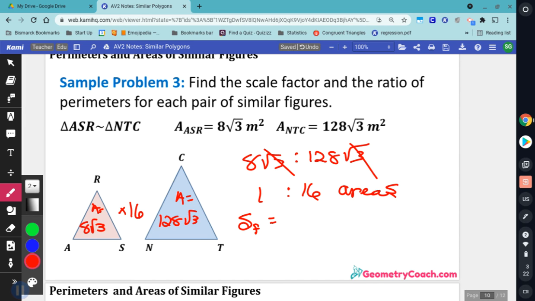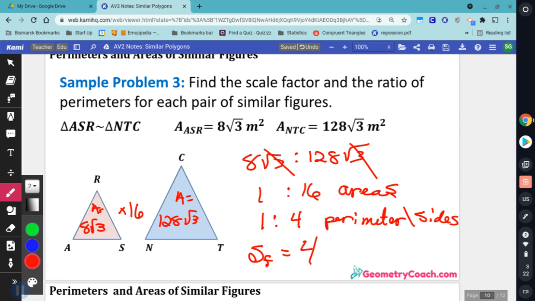So that means the ratio of the perimeter is going to be the square root of that. It's going to be 1 to 4. That's our perimeter ratio, sorry. And the ratio of the sides, which means our scale factor is 4, not 16. So 16 was how we multiplied to get area, but if you were doing side lengths, you'd multiply by 4.